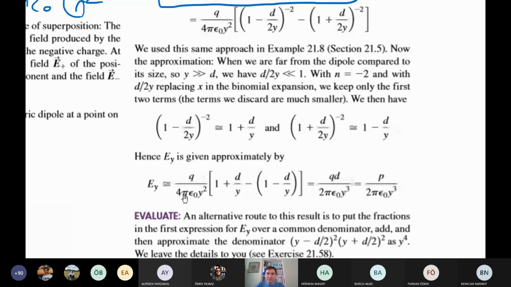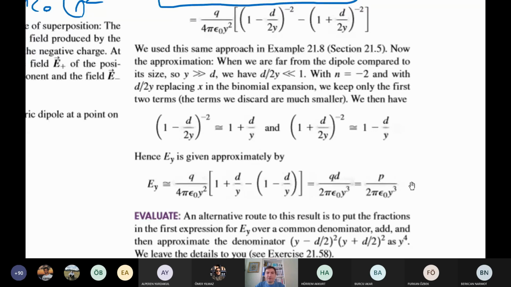And from this expression and this expression, another y will come. Here we have y cube, okay, y power 3. And here we have d, also comes from this binomial expansion. And what was q times d? Q times d is p, electric dipole moment. Then you can calculate electric field in this form.